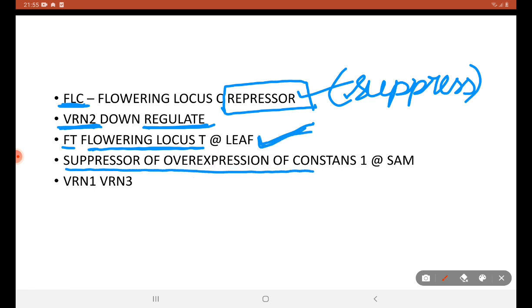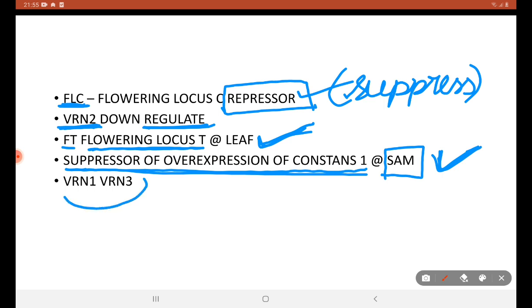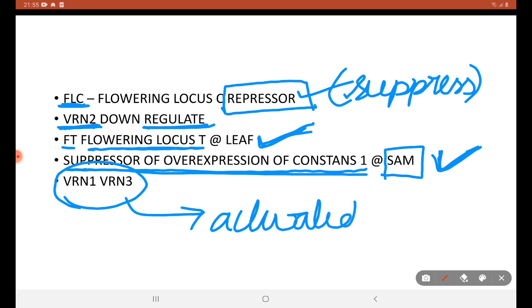Suppressor of overexpression of constans 1 occurs at the shoot apical meristem. It promotes vernalization. Vernalin 1 and vernalin 2 are activated when they are exposed to cold treatment.